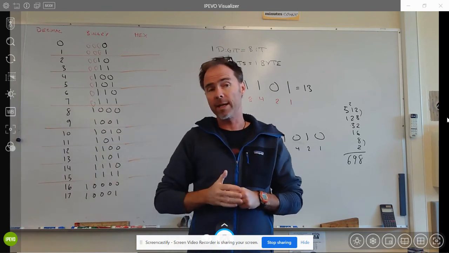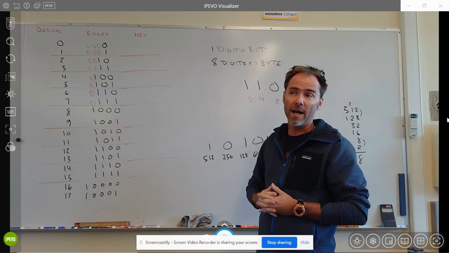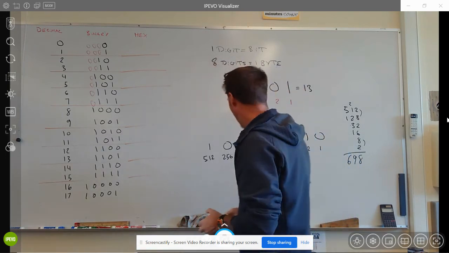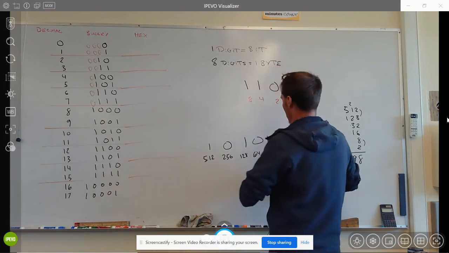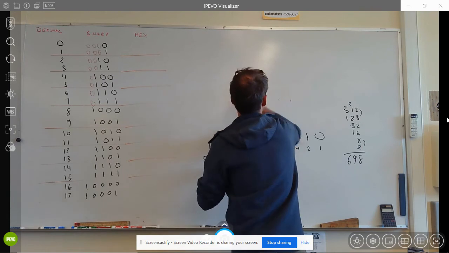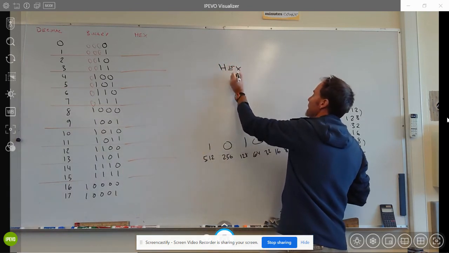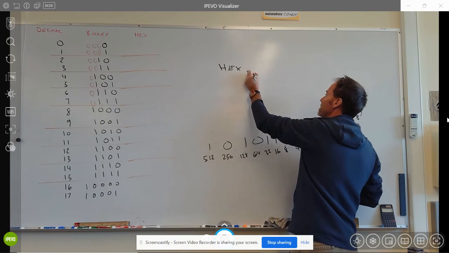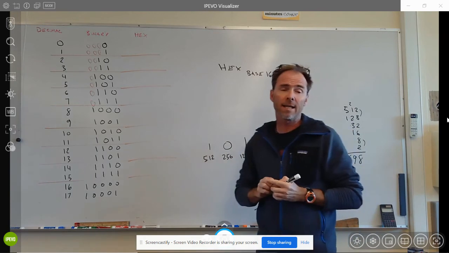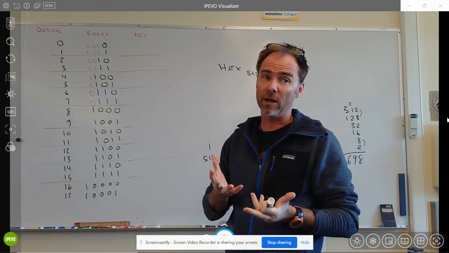So for humans to communicate binary numbers, we often use the hexadecimal system, or hex. So hex is base 16. That means that each digit can be represented by 16 different characters.